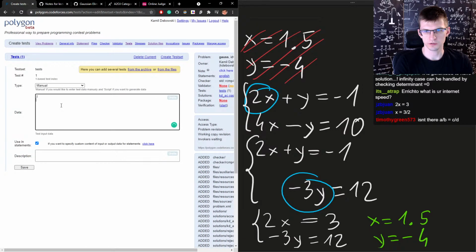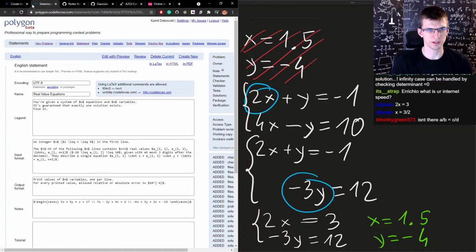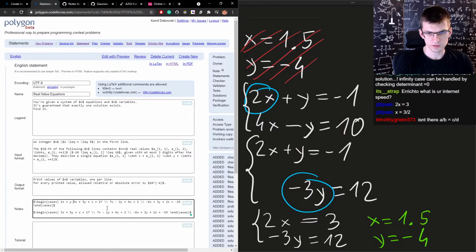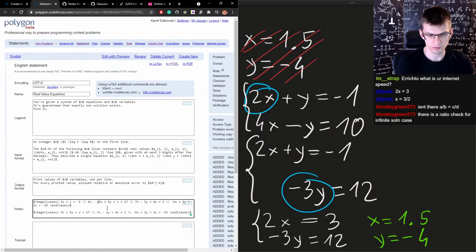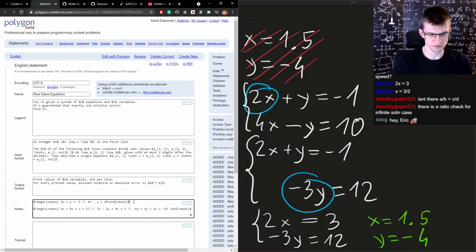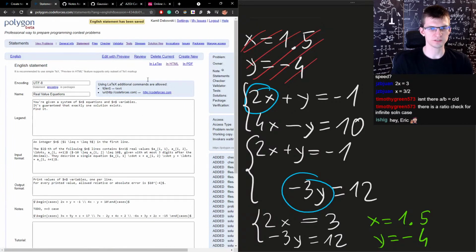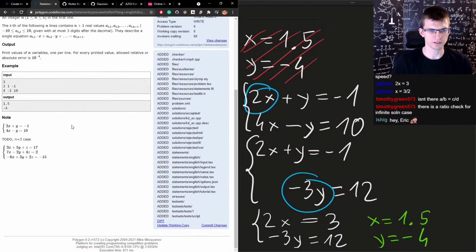We have here 2, 1, minus 1, 4, minus 1, 10. Then let's put that in statement. I mean in explanation. 2x plus y is minus 1, 4x minus y is 10. Should I in sample notes do n equal to 3 case? Should I in sample notes show the solution?